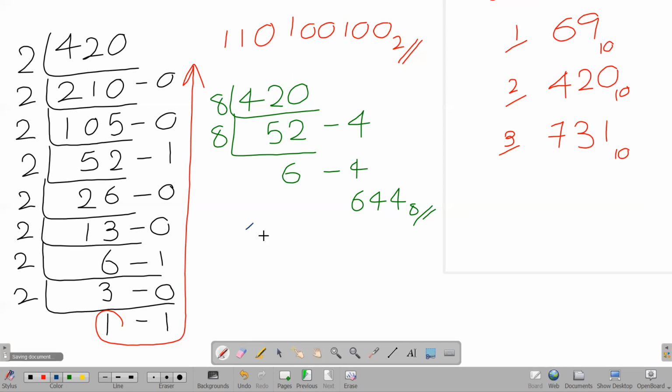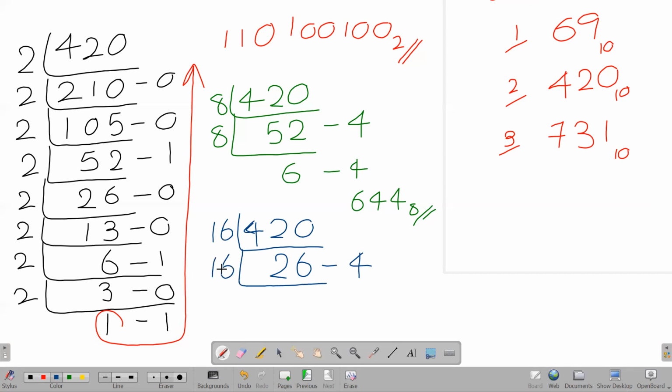Right, so 420, I'm going to divide it by 16. So there will be 2 sixteens, which is 32. 100 is remaining. For 100, there will be 6 sixteens, which give you 96, yes, 96, and 4 is remaining. And again, 26 needs to be divided by 16, so it will give 1, and 10 is remaining.